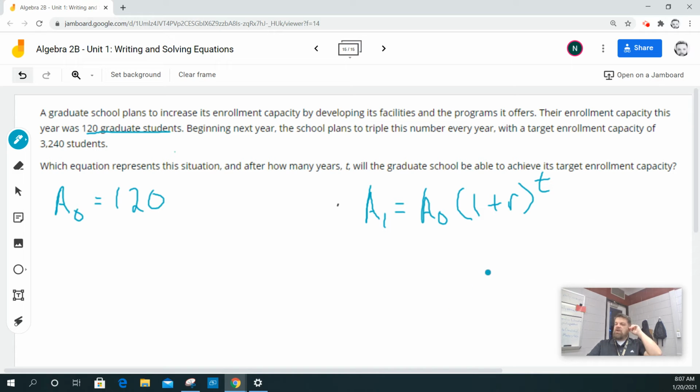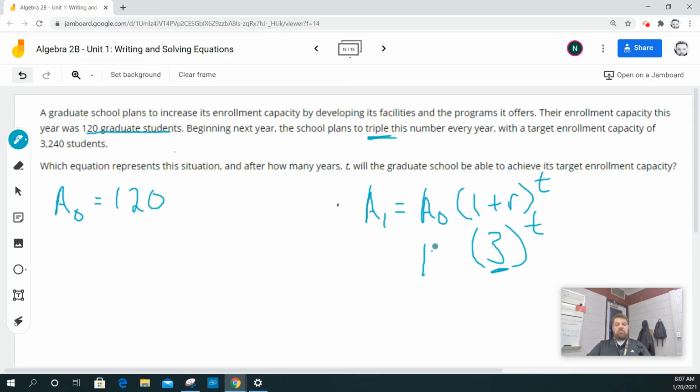So what I'm trying to say is this is going to be 3 when we're done, so it'd be the 1 plus 2. In other words, you're increasing by 200%, which you might think is doubling, but that's the percentage you're increasing by. Whatever you start off with, you're adding double to it, which triples it. But anyways, that's just going to be the 3 right there, okay?